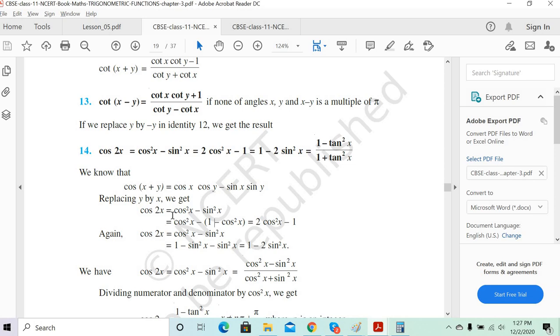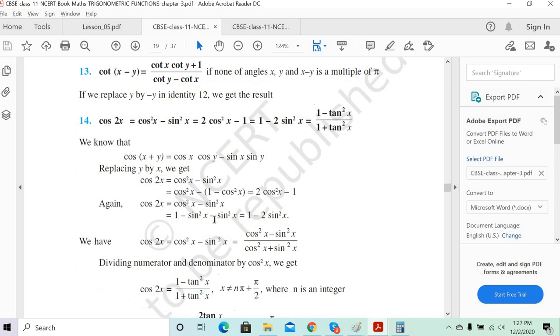You'll keep on getting different formulas. These are all the same formula, but different ways to represent it.